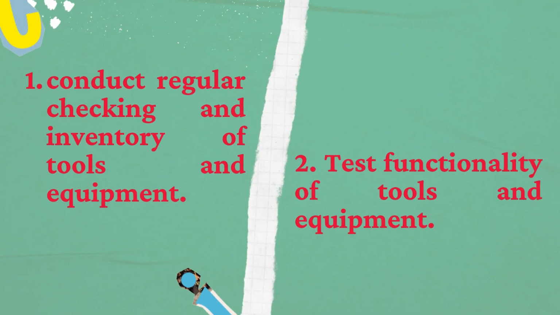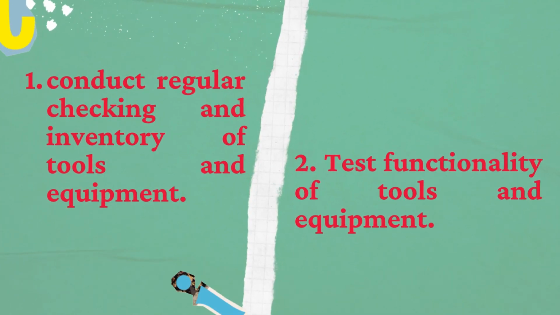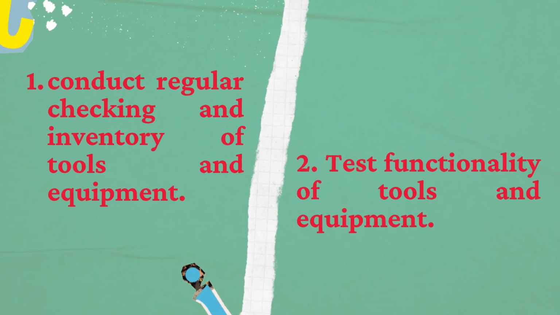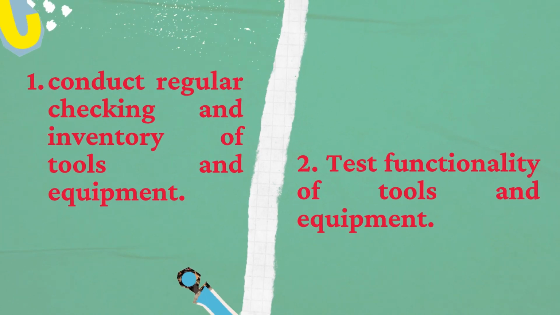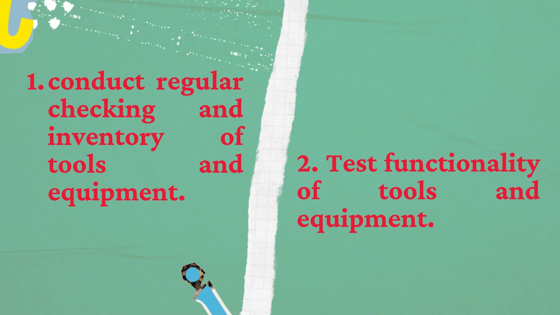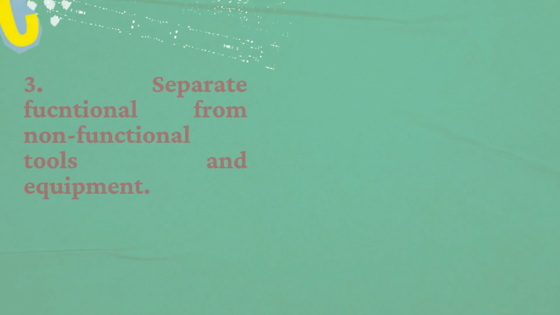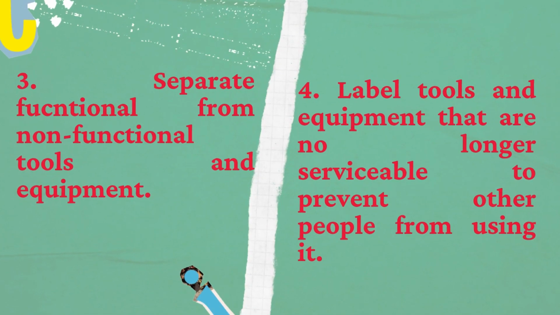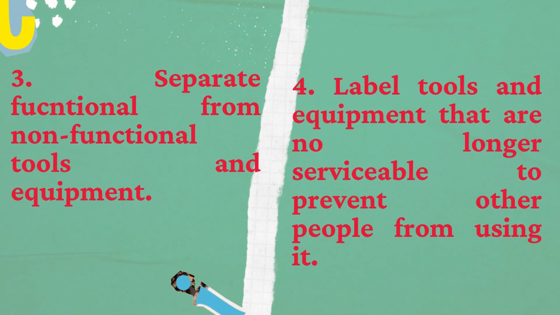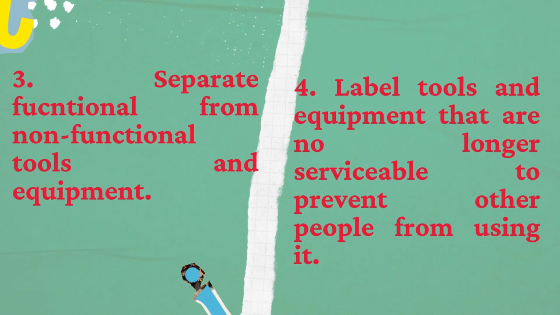Checking of tools and equipment procedures are: conduct regular checking and inventory of tools and equipment. Test functionality of tools and equipment. Separate functional from non-functional tools and equipment.